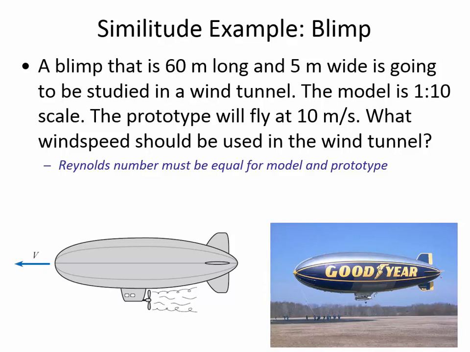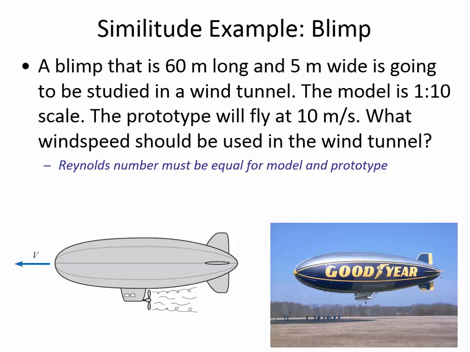So we don't need to put in any different value if we're using air in both situations. Okay? So we cancel out the density term and the viscosity term, since the fluid in both cases is air. What we're left with is the velocity of the model is going to be the velocity of the prototype. Prototype will be 10 meters per second.